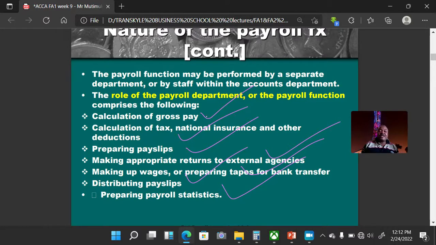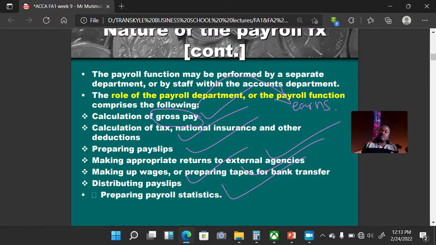But we need to understand what gross pay is. As we go, we should understand. But just for the purpose of emphasizing the point, gross pay is the amount that an employee earns, the total amount that he earns owing to his employment contract, or owing to offering his services.